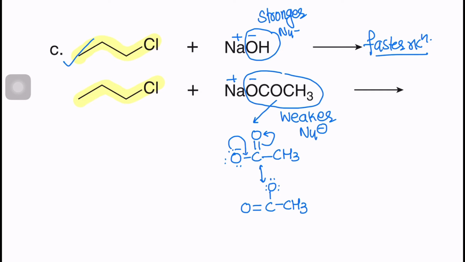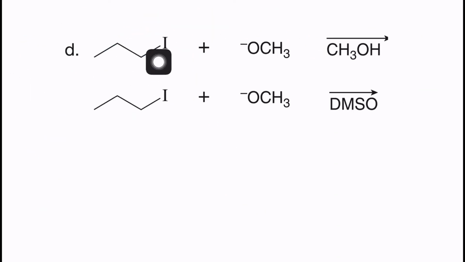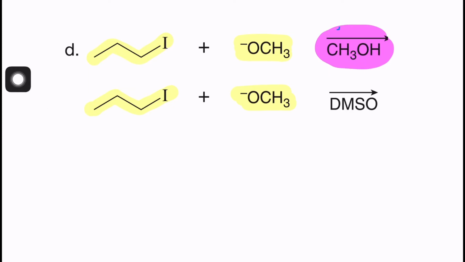Now, let's move to the next one. In this case, we have the same alkyl halide as well as the same nucleophile. Alkyl halide is also the same and nucleophile is also identical. Now, the solvent will decide. In the first case, we have methanol. Methanol is a protic polar solvent.